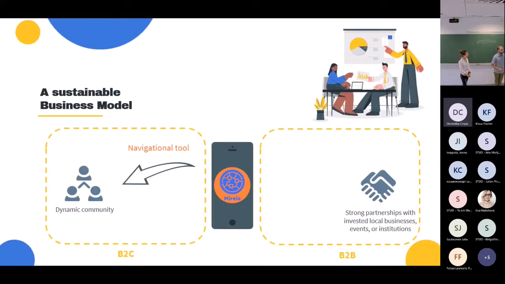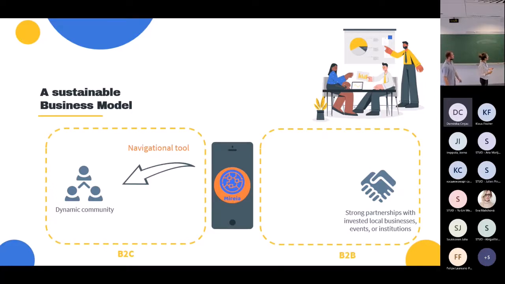Now, the business model. In terms of business model, our Mireia application is in between two segments of businesses. First of all, we have the B2C in terms of customer, because our users are normal people from normal life. And then we have the B2B, because we are selling some services. How is it going to work? First of all, we are going to provide a navigational tool to our dynamic community.